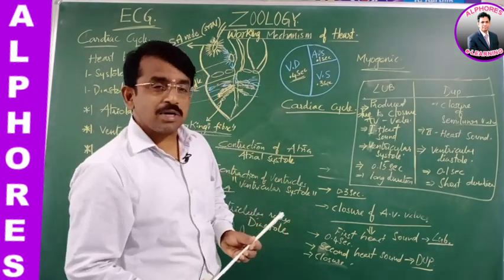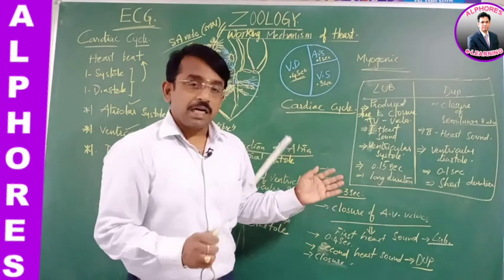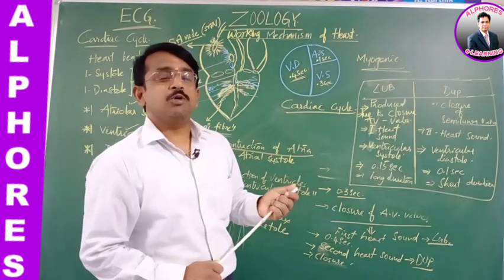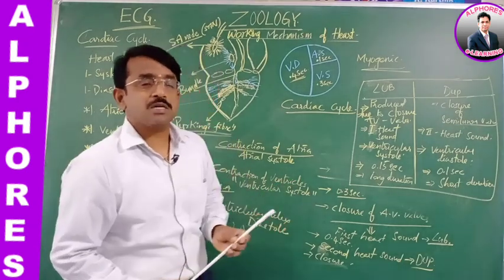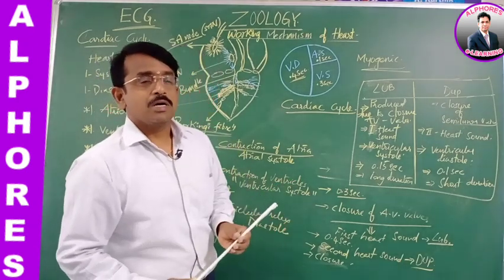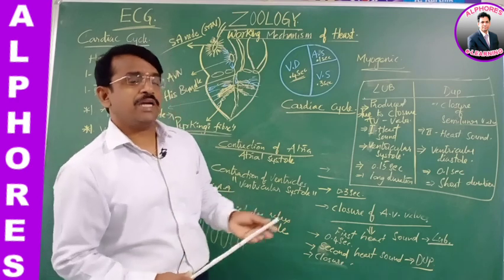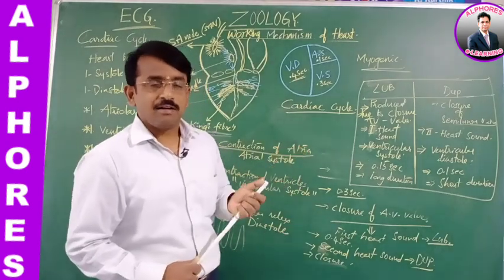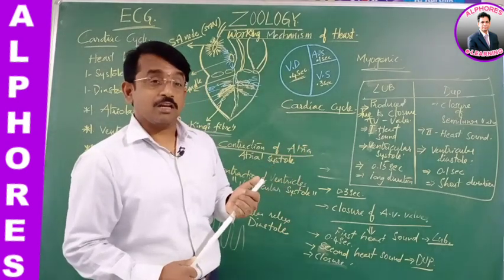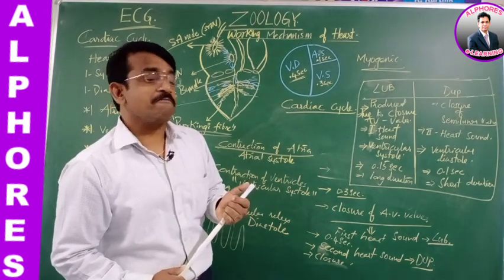Likewise, damage to the semilunar valves results in a heart murmur. Basically this takes place in rheumatic heart fever. It can be seen, or else in syphilis, a bacterial infection.